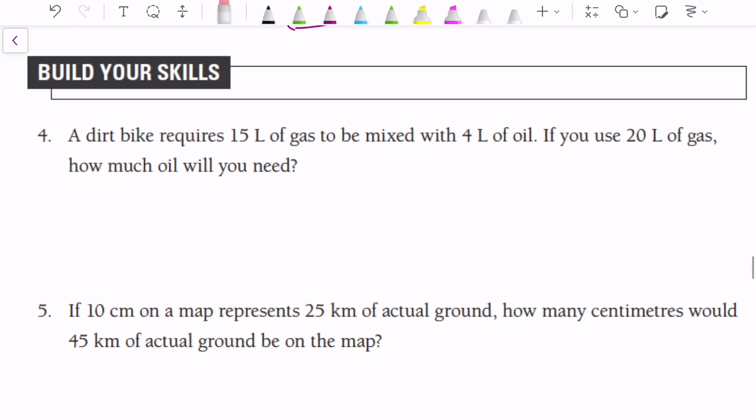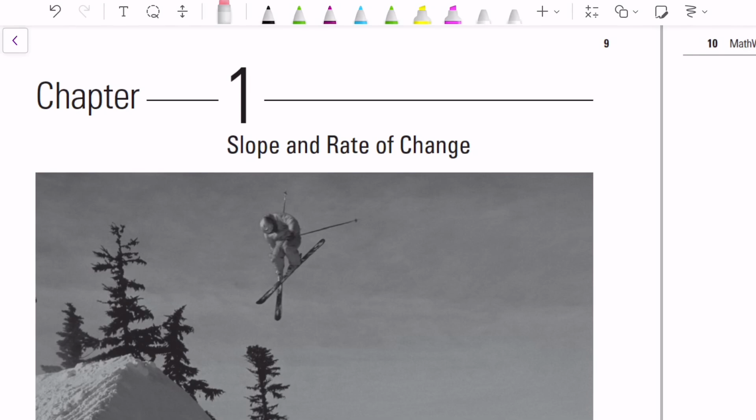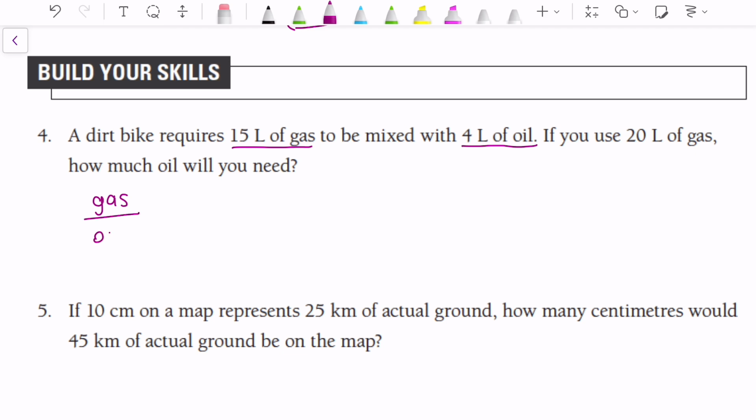All right, a dirt bike requires 15 liters of gas to be mixed with 4 liters of oil. So immediately this is pinging alarms in my head saying, here's your ratio, write it down. Okay, so gas is first, oil is second. This is the formula that we need. 15 liters goes on top, but we're not going to put liters.